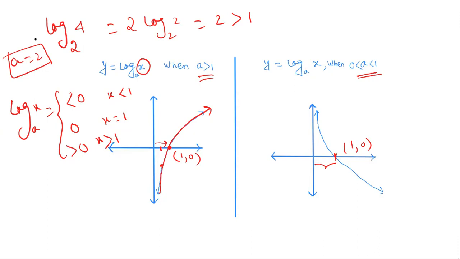So this is the graph of y equal to log x base a, when a lies between 0 and 1. And always remember, x should be greater than 0. You cannot take the value of x as negative. This is the property of log.